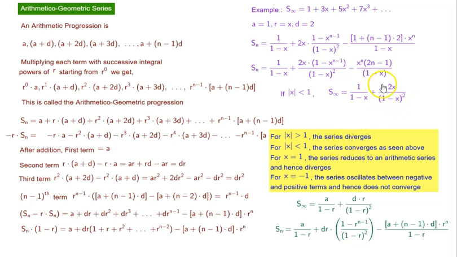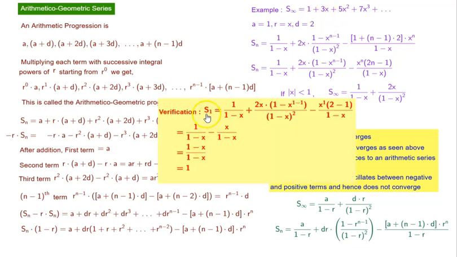But now, let's verify whether this formula actually works by at least figuring out whether sum of 1 term is equal to 1, and sum of first two terms is 1 plus 3x.